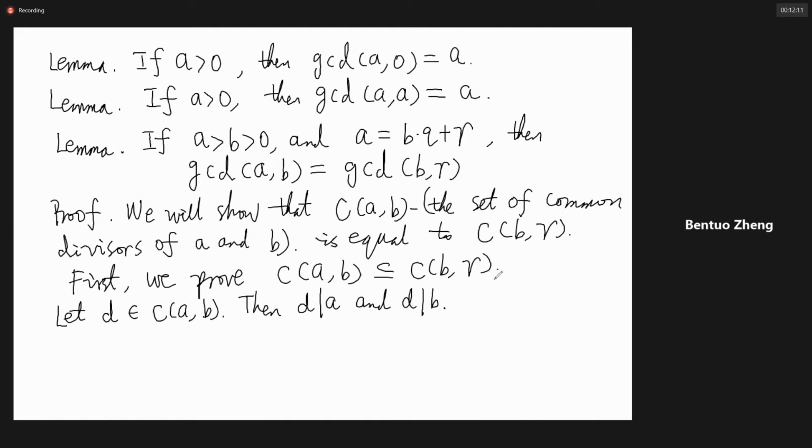Now since a is equal to bq plus r, we can rewrite r to be a minus bq.